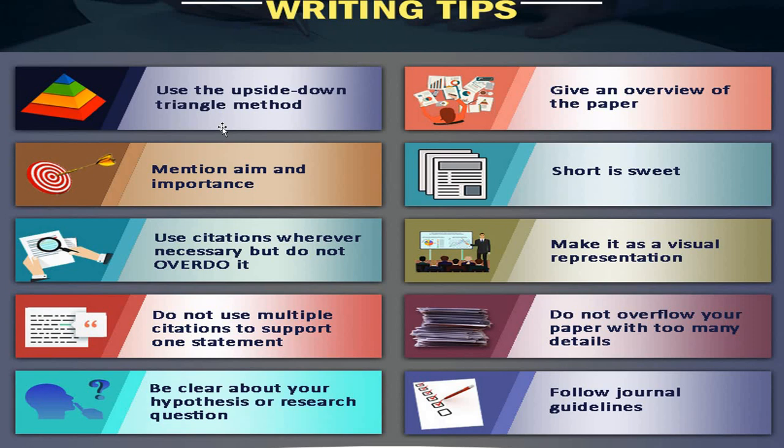And be clear about your hypothesis or research questions, what we generally call the research problem. Next, give an overview of the paper. And short is sweet, which means maintain qualitative statements with a short tempo.